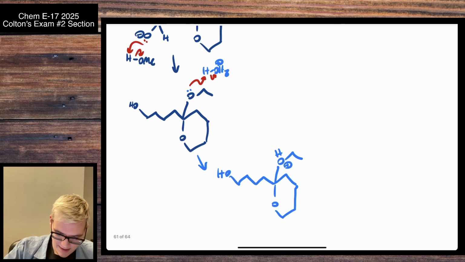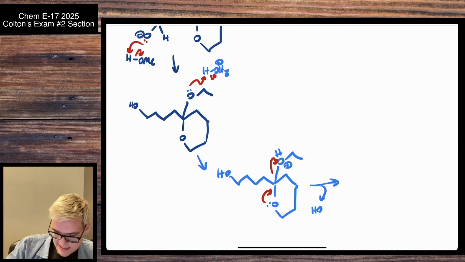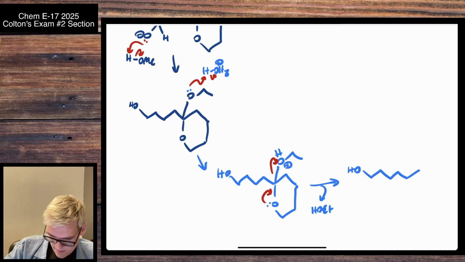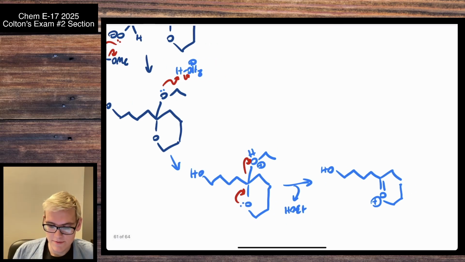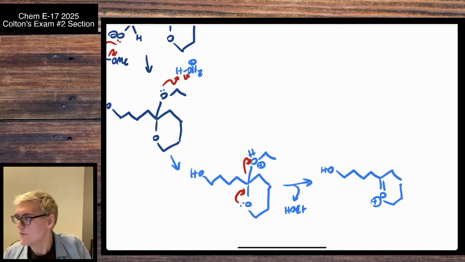And then our second step is we do a lone pair push from the other oxygen. So this kicks off our HOEt. And then what we have is this temporary carbonyl, where we have something in the ring attached to the top of our carbonyl oxygen.